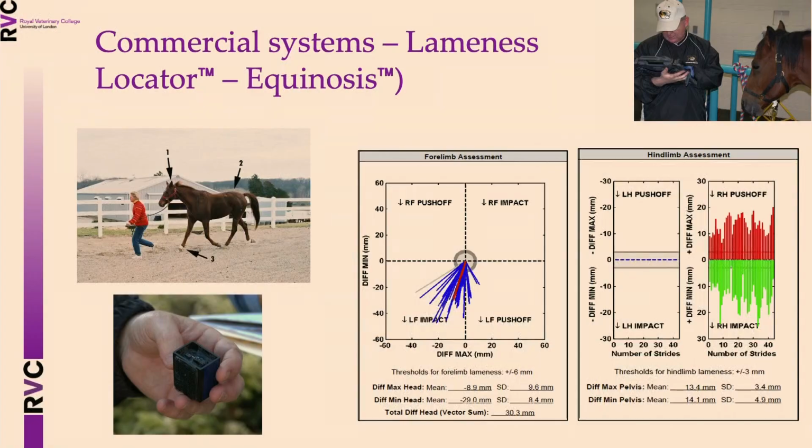So here are some examples of the commercial systems available. This one is the most widely used because it is the most available commercially. It was developed by Kevin Keegan in the USA, and consists of 3 sensors: one on the poll, one on the tuber sacrale, and one on the right fore pastern.